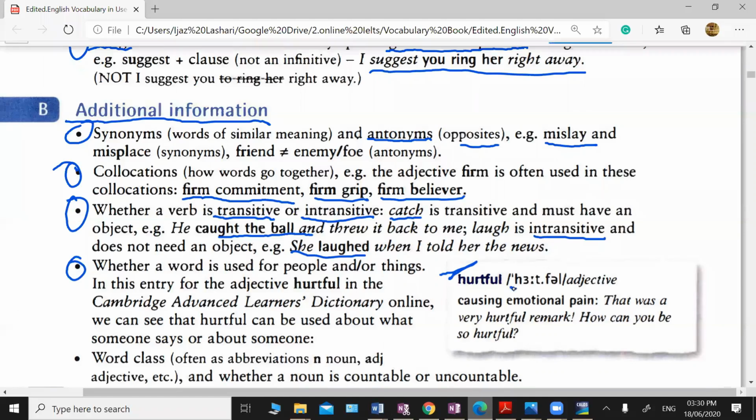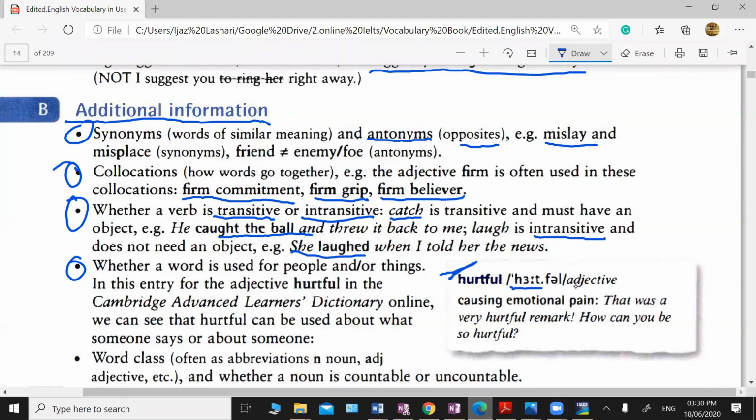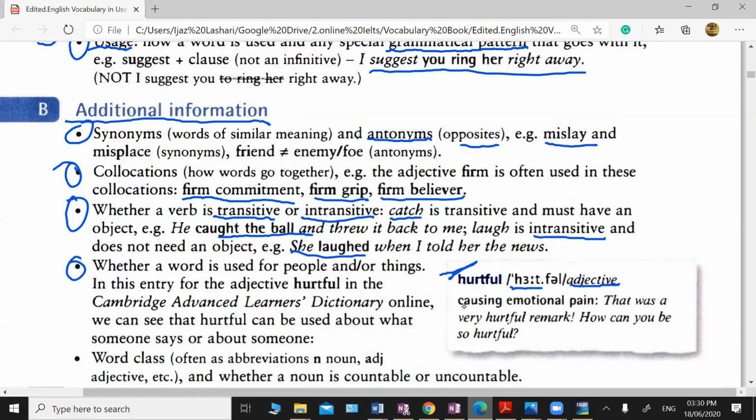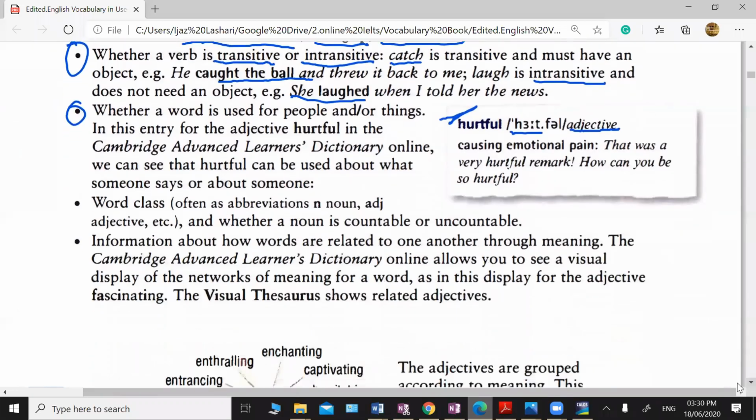You see the symbols are given, how to pronounce the word, then its grammatical structure, it's an adjective, causing emotional pain, meanings, and then that was a very hurtful remark. How can you be so hurtful? These are examples. These are basic meanings, but if you look at the lower part of the dictionary, you will get more information about the word. So this is how the dictionary explains different things.